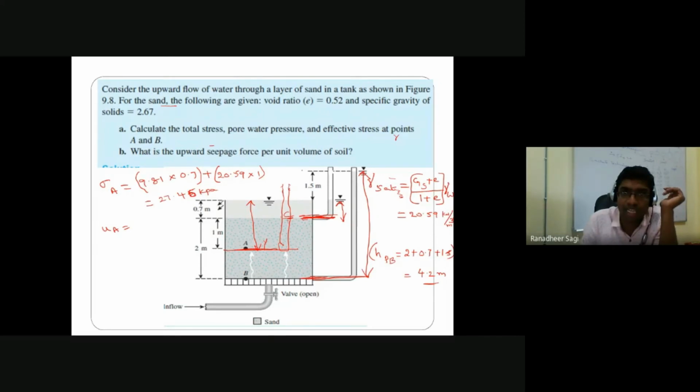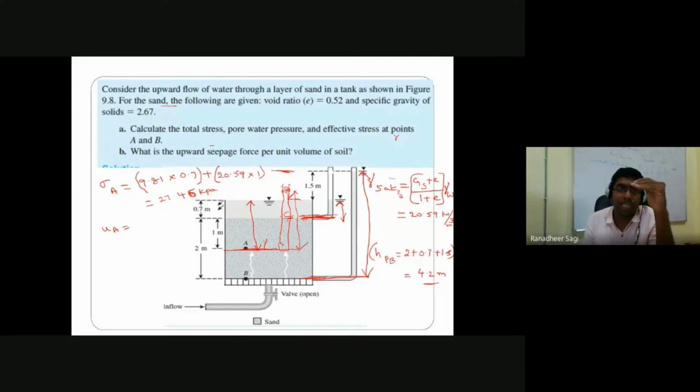It will not rise till here, that is for sure, and it is not going to rise only till here. It is going to rise to something above this position and below this position. And this particular height is what we call the pressure head at point A position.